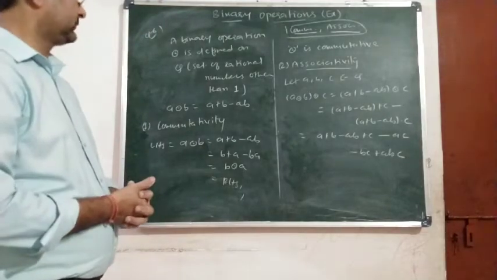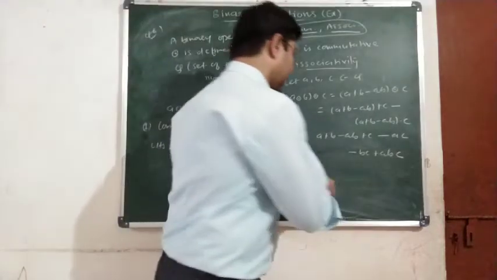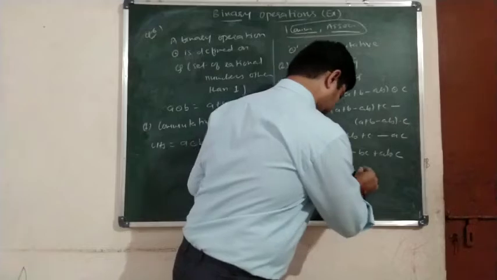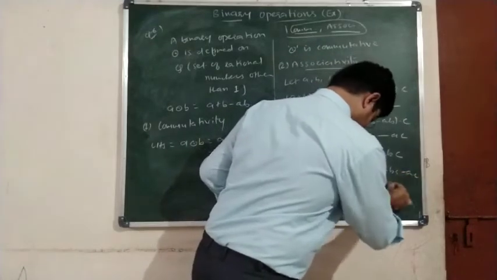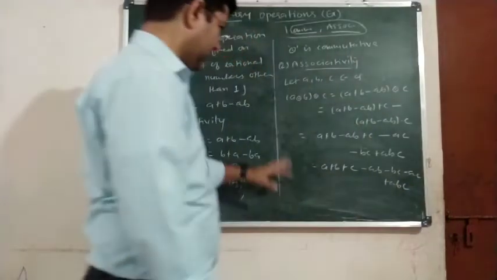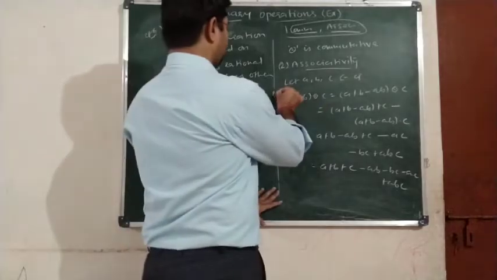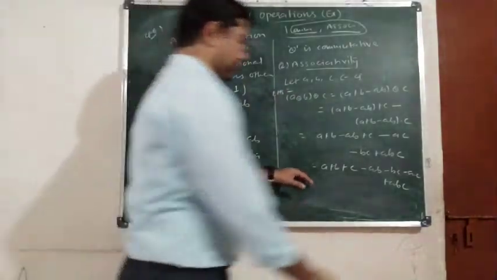Clear? So now further writing it, A plus B plus C minus AB minus BC minus AC plus ABC. This is the left hand side, LHS. Now we will take RHS and prove the same.